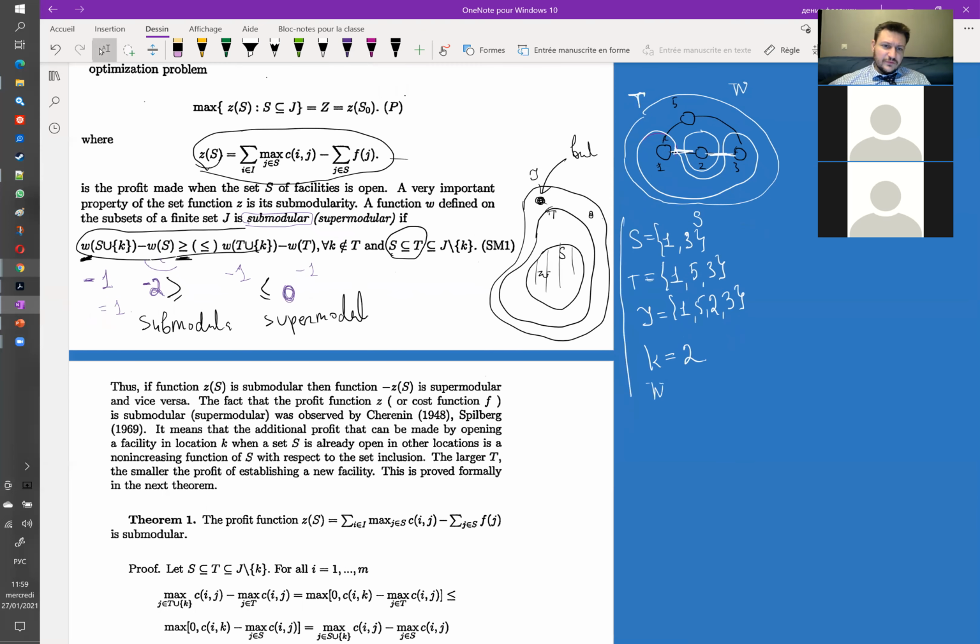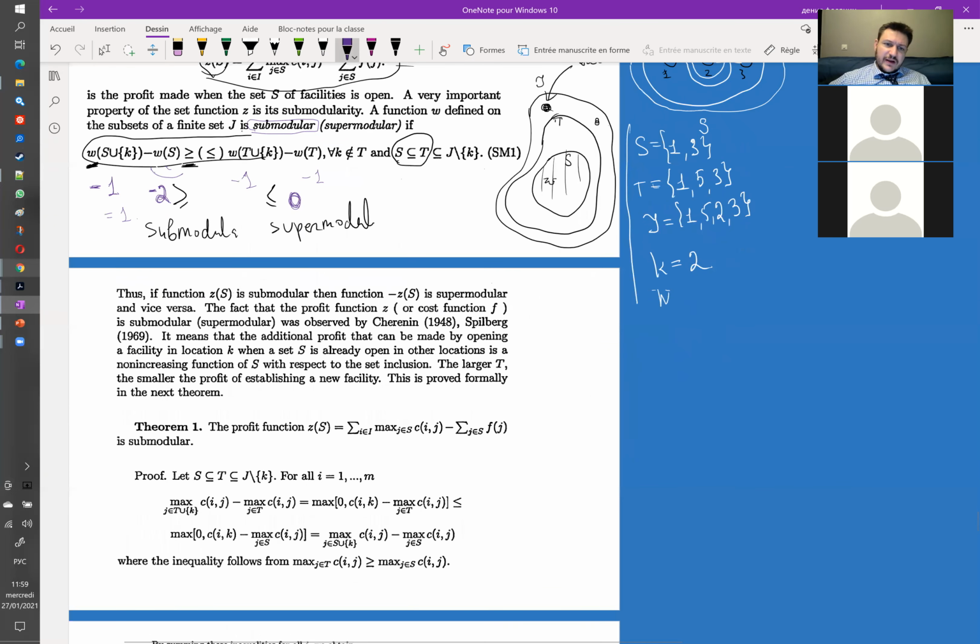But this one is supermodular, as it is described here. And this is important because we have a very good connection to the problem that I have described before.